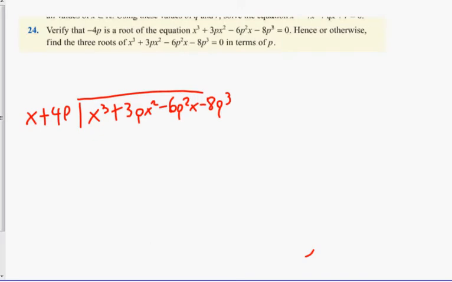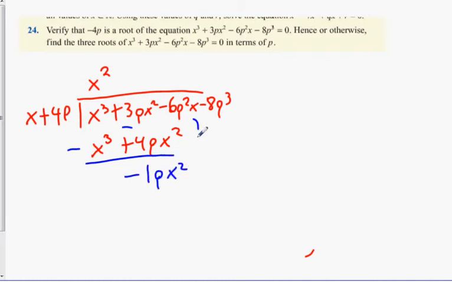Now, x squared, alright? Multiply that out, and what happens? Okay, then take it away. And what do we get? And then after this, minus 6p squared x. Now, this one divided by this one. 1 plus 1.